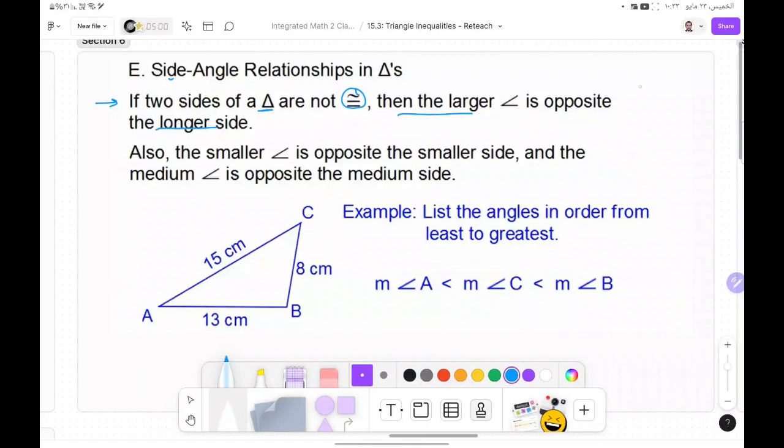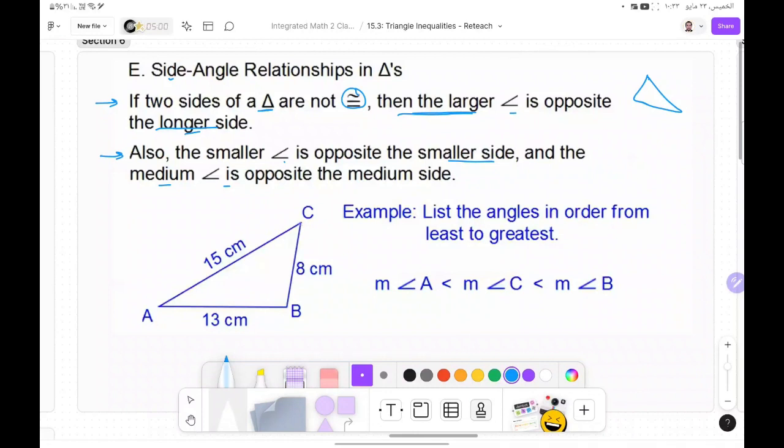This means we are talking about the scalene triangle, where no sides are equal to each other. Also, the smaller angle is opposite the smaller side, and the medium angle is opposite the medium side.